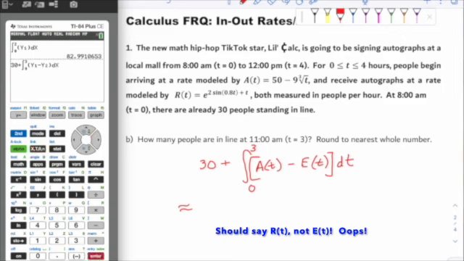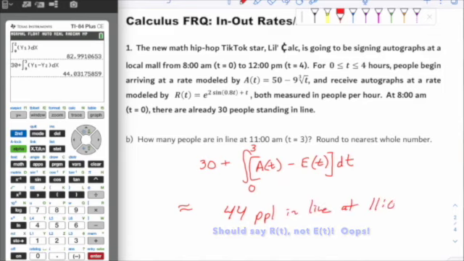And go ahead, Mr. TI, do your work. Okay, and so to the nearest whole number, that would be about 44 people in line at 11 a.m.